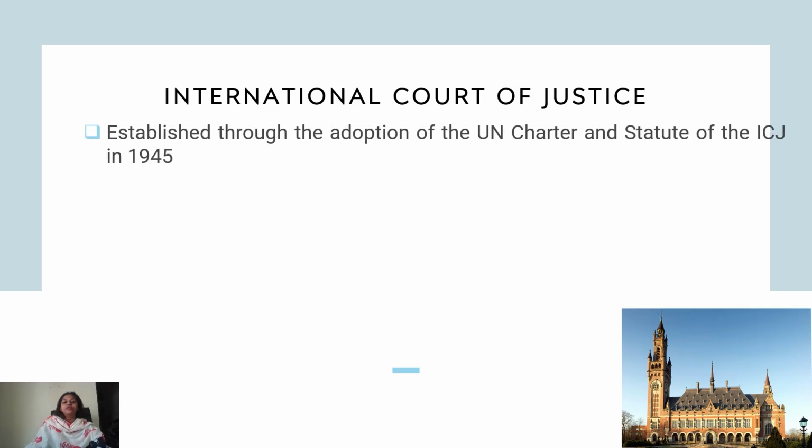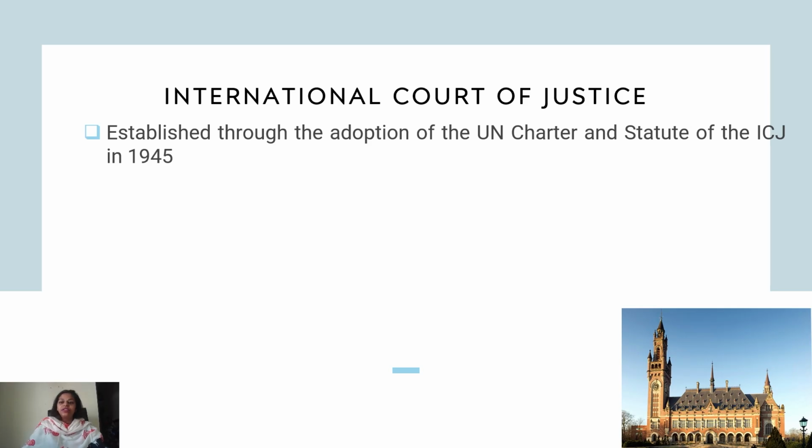So the International Court of Justice, or ICJ in short form, was established by the adoption of the Charter of the United Nations and a document which is annexed in the Charter, which is the Statute for the International Court of Justice.